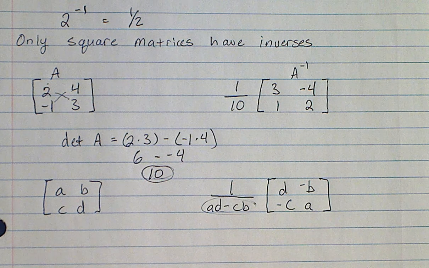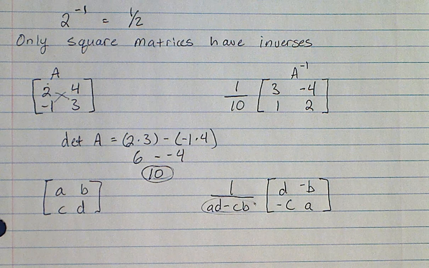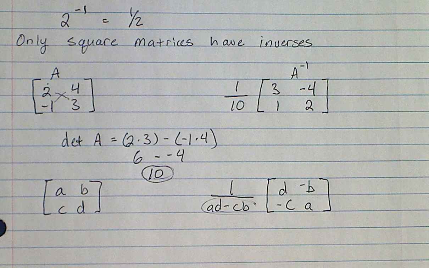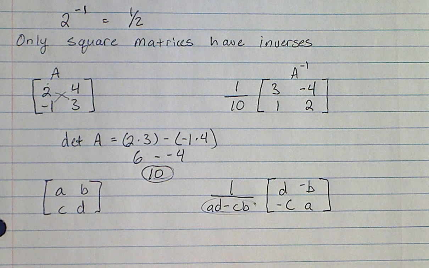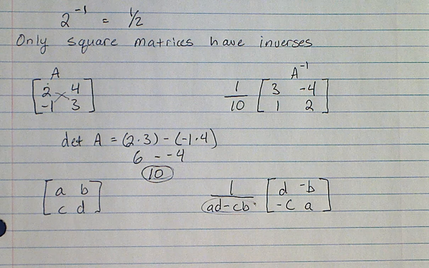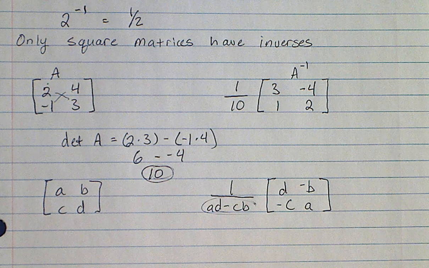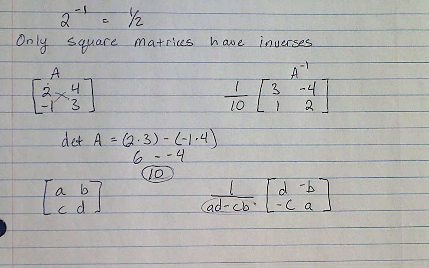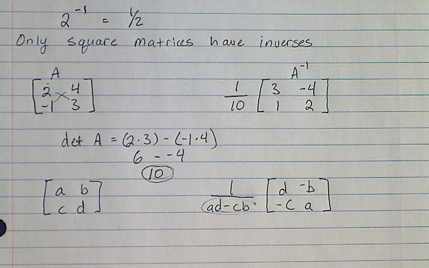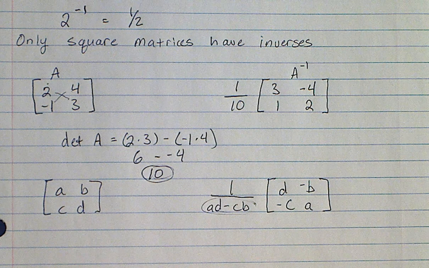The version of doing that for matrices is multiplying the reciprocal of the determinant by this transformed version. I don't have a great answer for that right now because I want to show you how it's used first, and then I can explain it better.